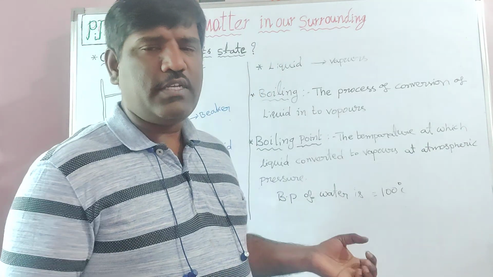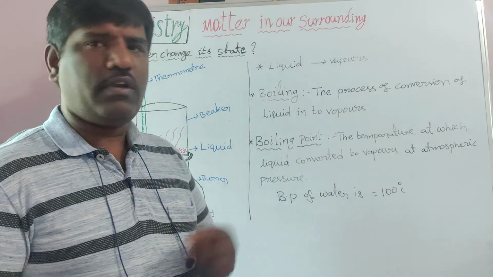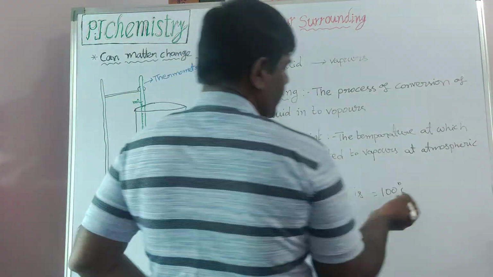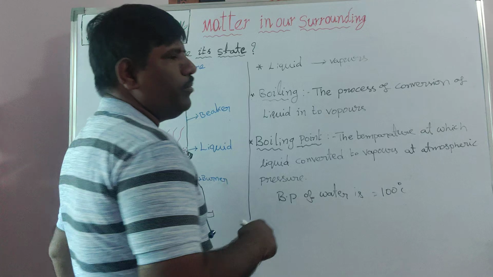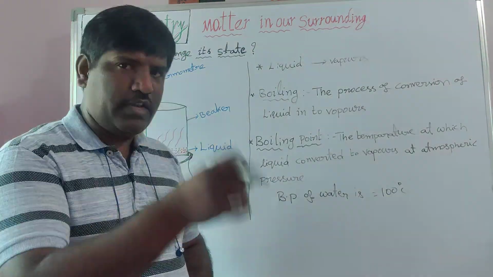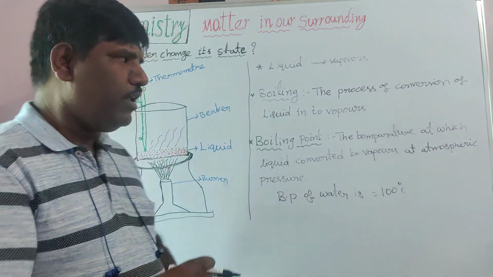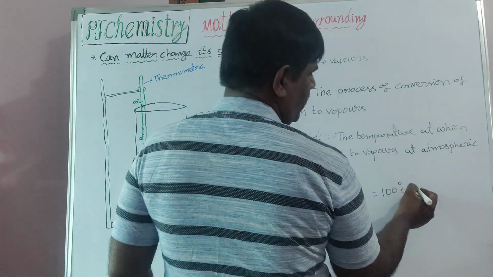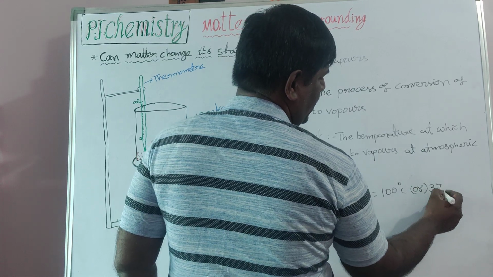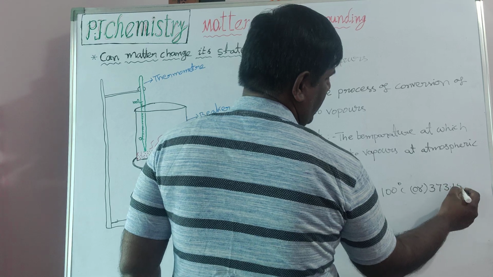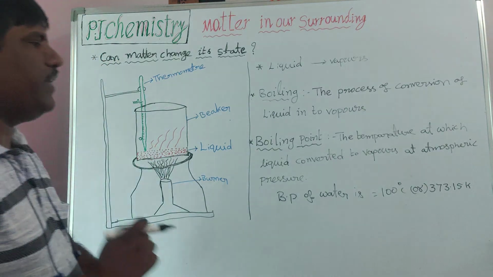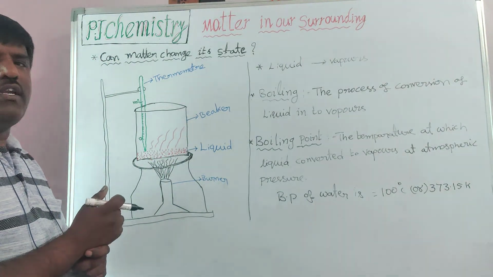Generally everywhere we take a rounded value, just 373 kelvins. I am writing the exact value here because for the melting point we took 0 degrees Celsius or 273.15 kelvins, so I am using the .15 after the decimal here too. 373.15 kelvins is the boiling point of water.